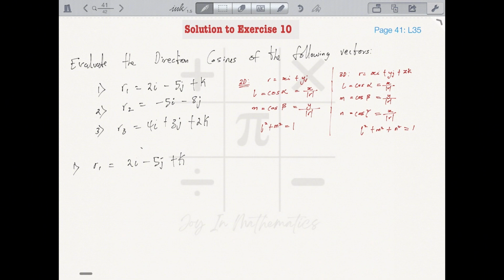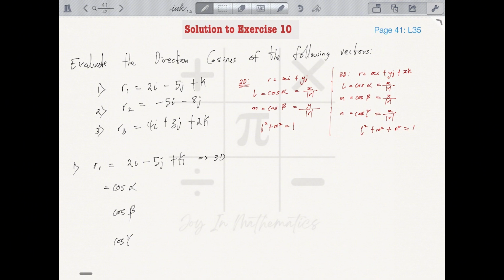Since this is a three-dimensional vector, we know that we will have three direction cosines: cos alpha, cos beta, and cos gamma.